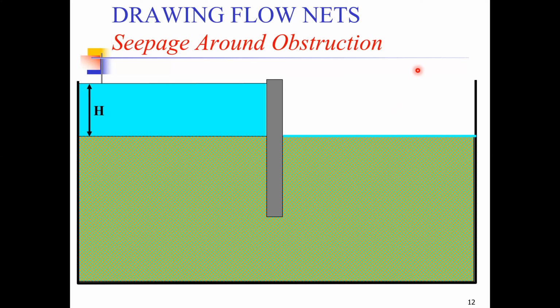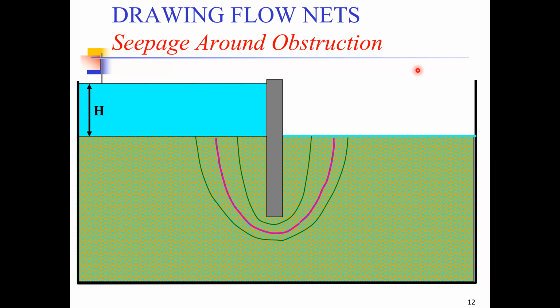The concept is again going to be similar. It's going to be exactly the same as you have done previously. So the flow lines, this is how the water will flow through the soil and appear on the downstream end. And once you've drawn one flow line, it should be relatively simple to draw the rest of the flow lines.